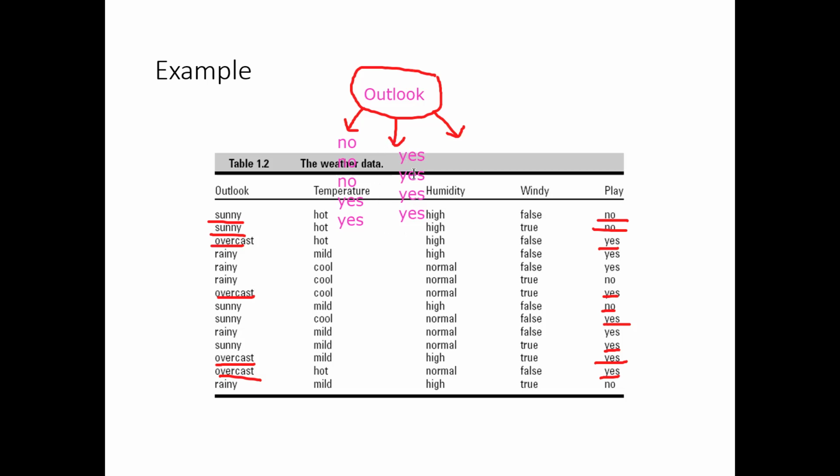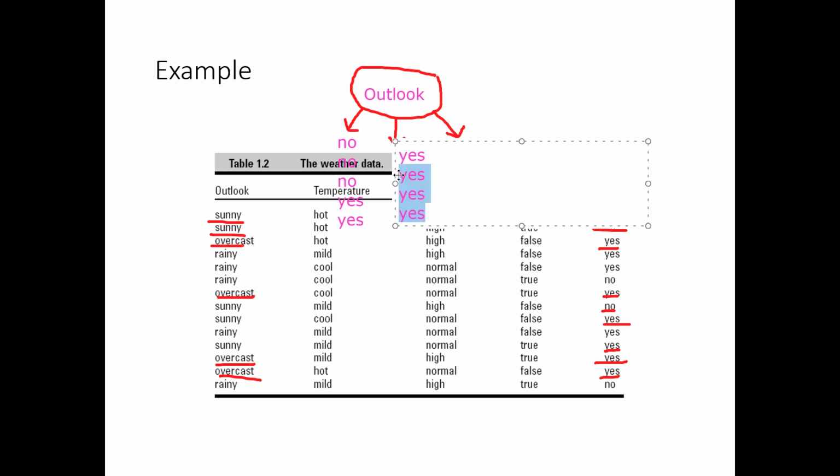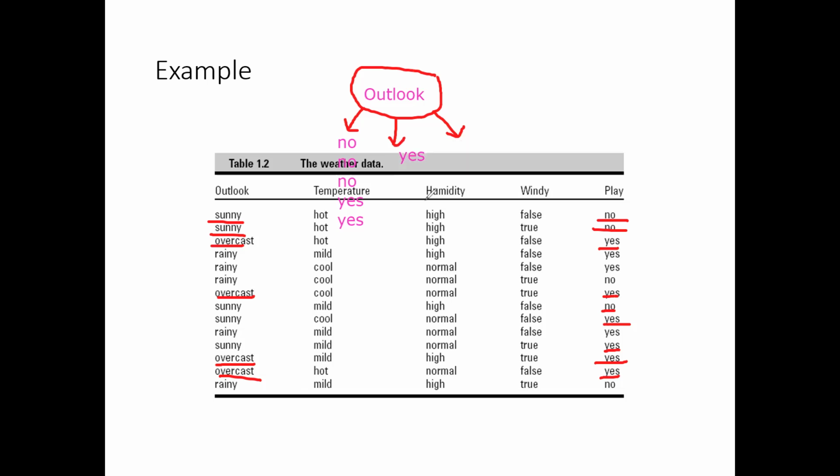Since all of them are classified as yes, we can finalize this because everything is the same. You don't have to create any branches. You can say, okay, this is final, because everything is classified as yes.